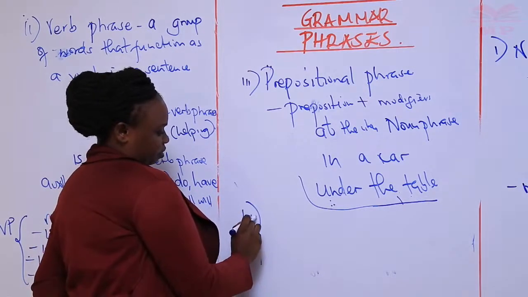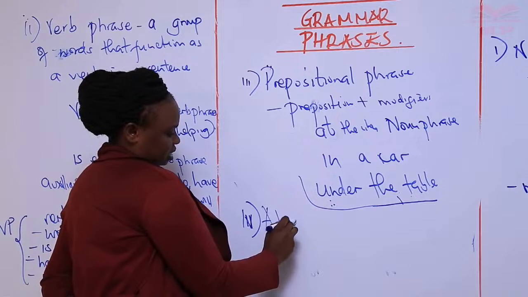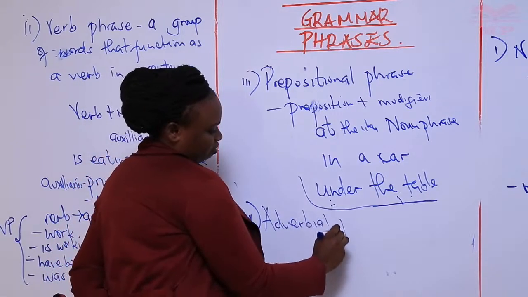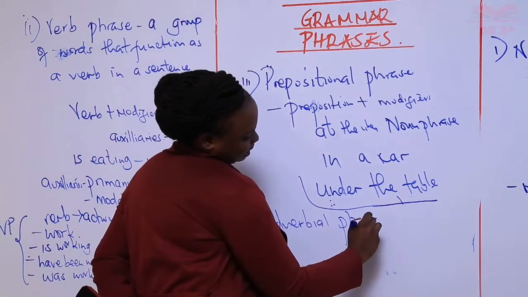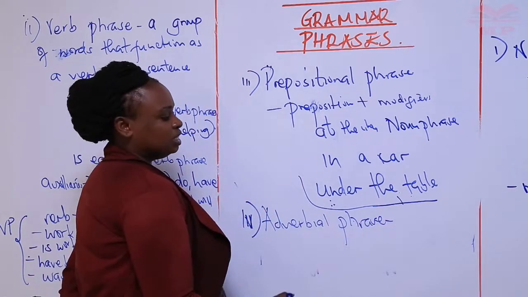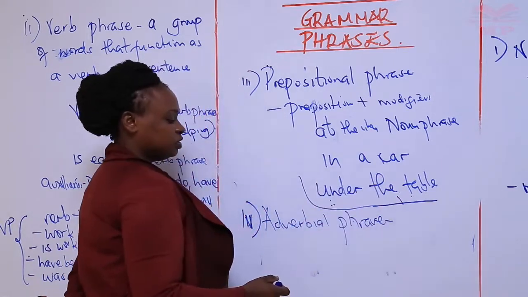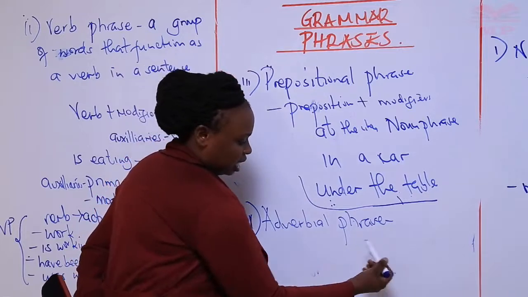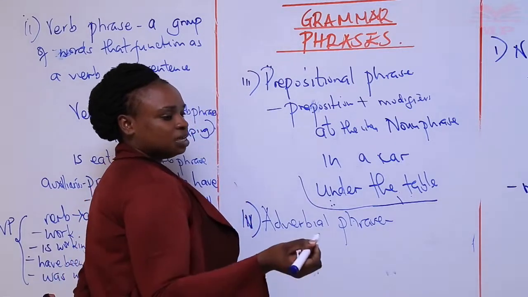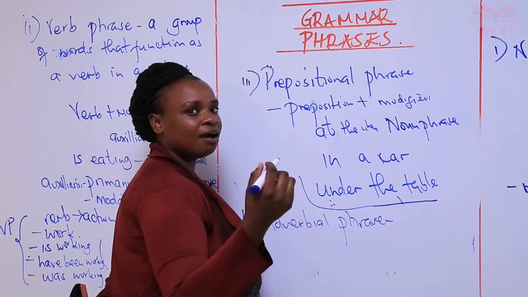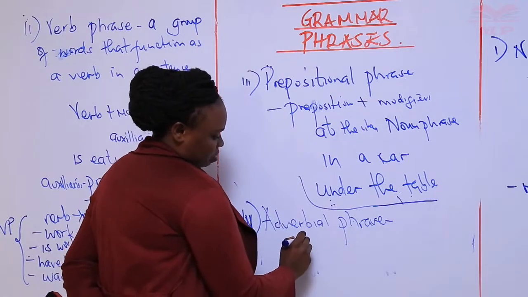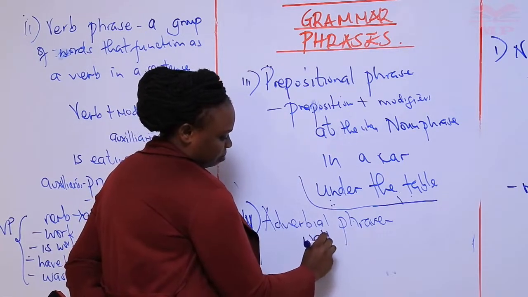Number four, we have the adverbial phrase. Again, like we said before, it will be a group of words that function as a what? As an adverb. What is an adverb? It is a word that gives us more information about a verb. For example, "they walked." Here, walked is a verb.